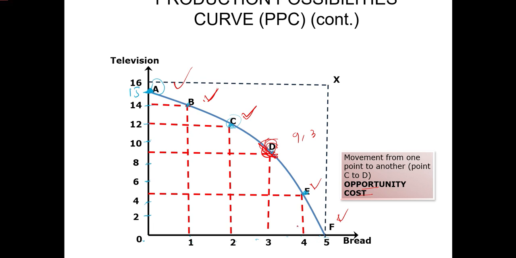So they want to produce at point E instead of point D. So when they move from D to E, this is where the opportunity cost concept comes in. When you choose to change your choice, there is something you have to give up. Because when you move from D to E, meaning you want to add bread from 3 to 4, plus 1, you have to forgo TV.